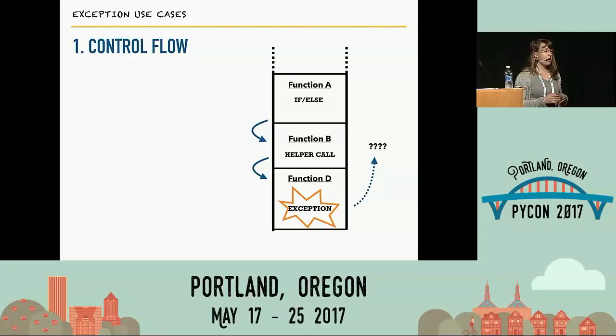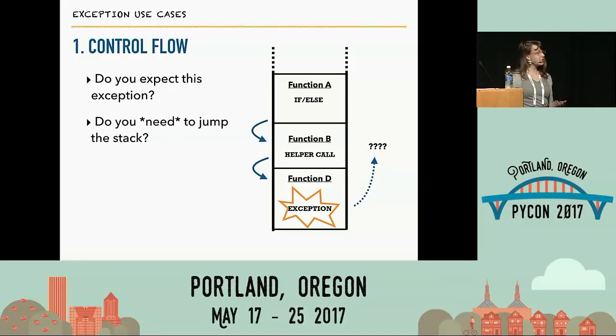So if you're thinking about using an exception, I think the first step is to think about whether you actually expect this exception to happen, in which case you might consider using a different syntax in order to achieve the same goal. Some of the time you do need to actually jump the entire stack. Exits, for example, are pretty valid reasons for using control flow, but they need to go through everything and exit the entire program, so they can't do forward execution.